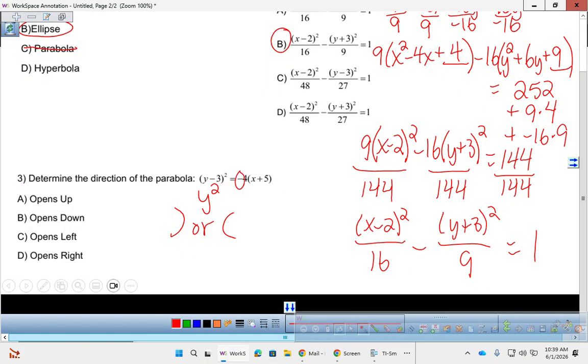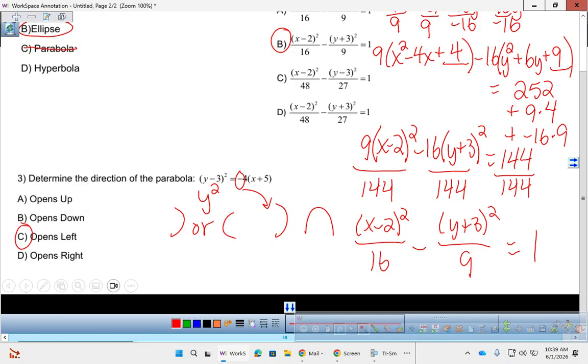The negative here tells me that it's either going to be left or down, right? The negative says it's going to open in the negative direction. So what they have in common is the left, right? So I know it's going to be either left or right, but it's negative, so it's going to open in the negative direction. This is an open left parabola.